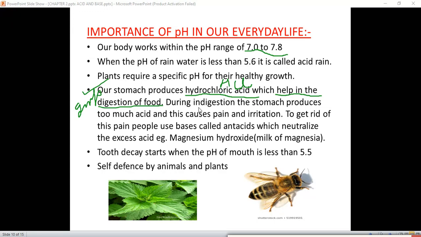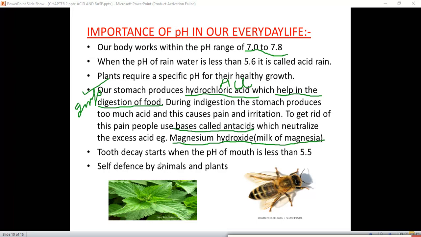To get rid of this pain, people use bases called antacids, which neutralize the excess acid. Examples of antacids are magnesium hydroxide, milk of magnesia.